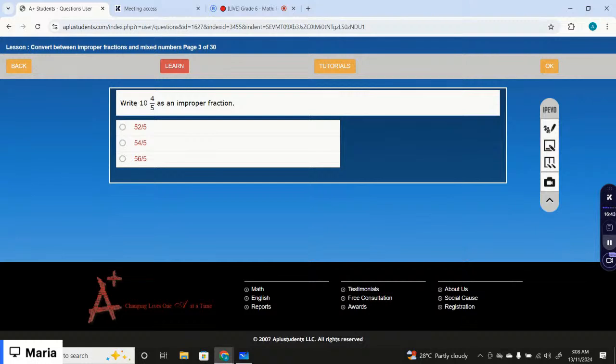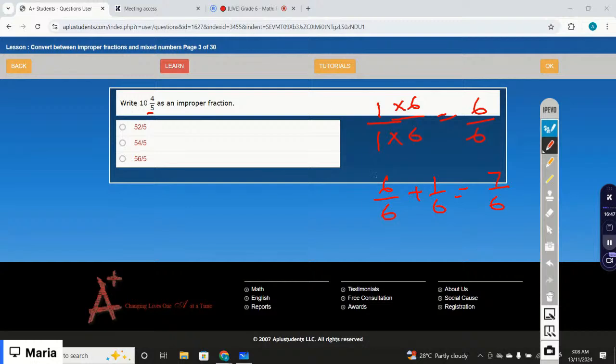10 whole 4 over 5. Right? So the whole part is 10, right? 10 over 1 multiply by the denominator, that is 5. So 50 over 5. And add 50 by 5 to the fractional part, that is 4 over 5.